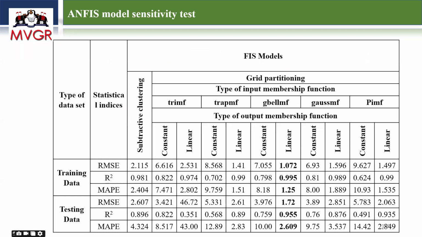We are conducting the sensitivity analysis, and among all, the GBELL membership function shows the best performance. As of now, with this TGA data or DSC data, I developed only NN models and hybrid models. But how can we develop machine learning models? That we can do in this hands-on session.